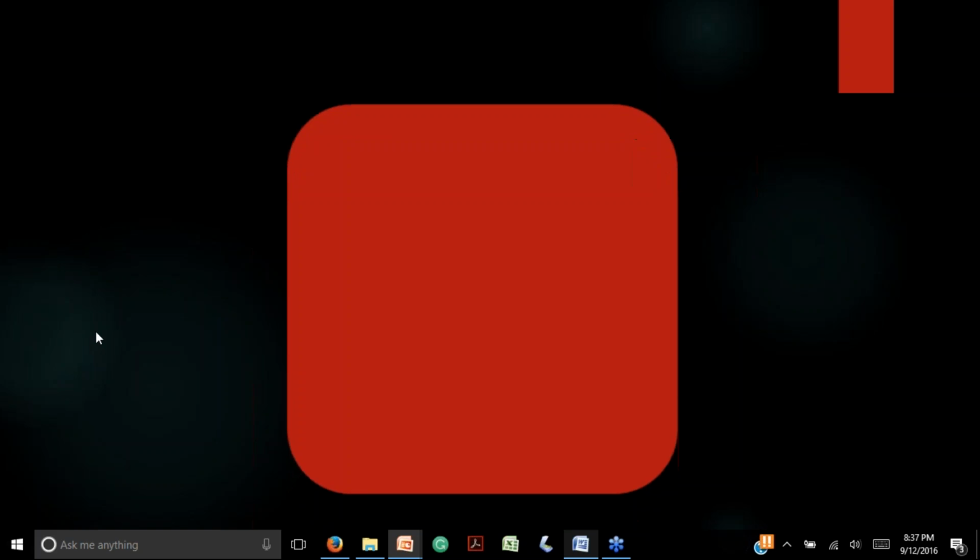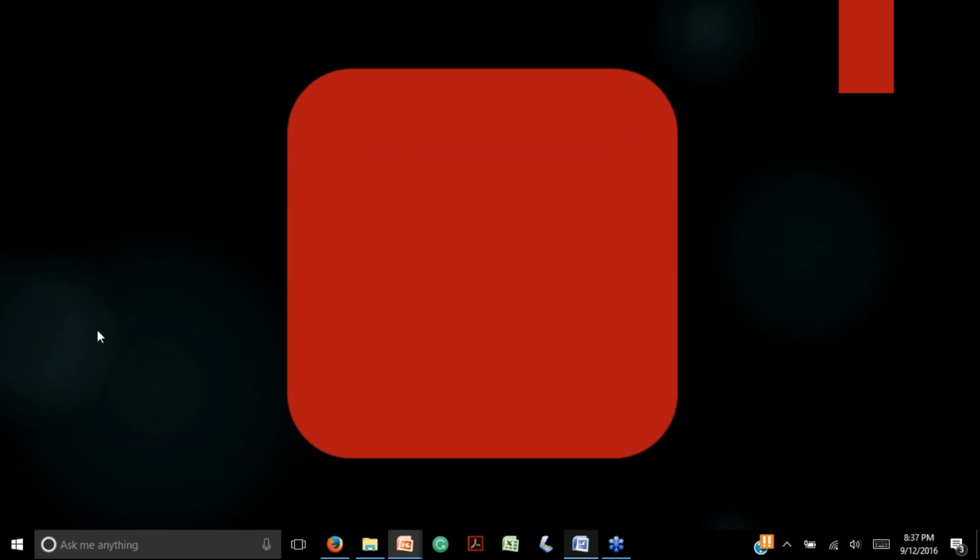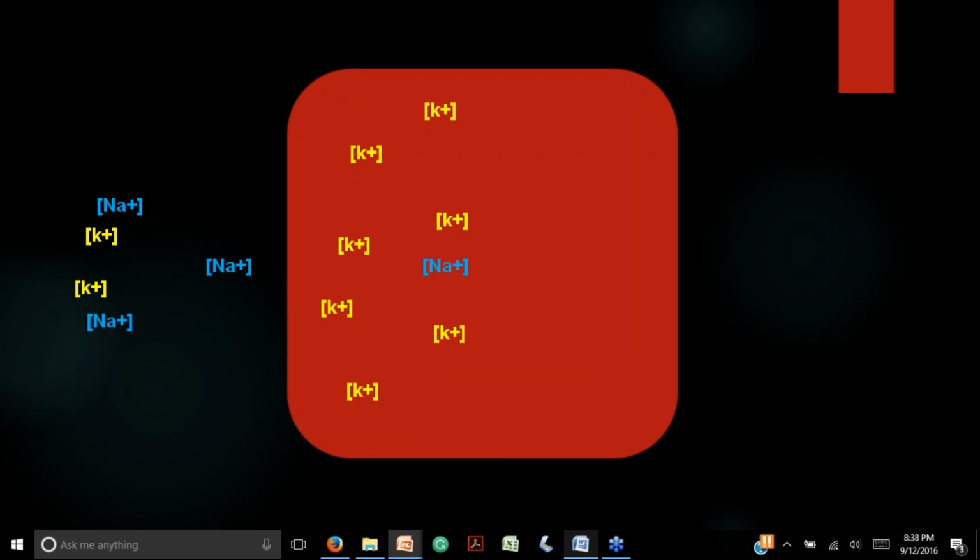So here we have a cell, and we are going to make the application of what we were just talking about. This is a cell, and here we have intracellular potassium, which is mostly located intracellular, right? Then we have sodium that is more concentrated in the extracellular.